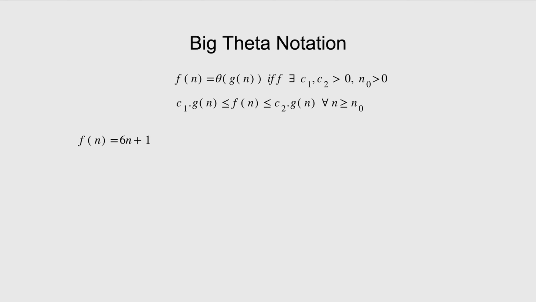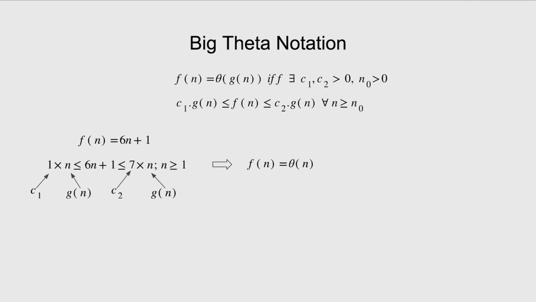Now, if we take the same example, we already found the lower bound and the upper bound, so we can write this directly. This is c1 g(n) and c2 g(n), so this is true and f(n) equals theta of n. This is the average bound of a function, and this is exactly equal to n.